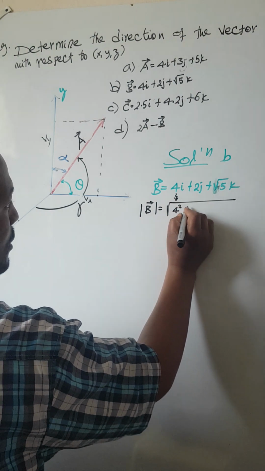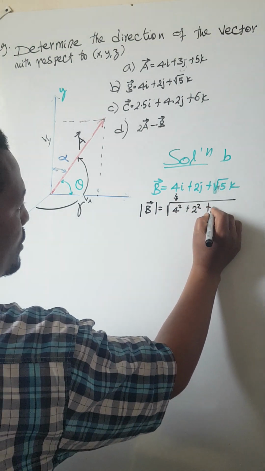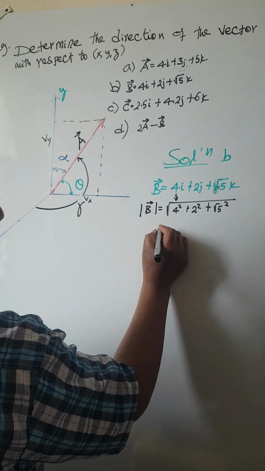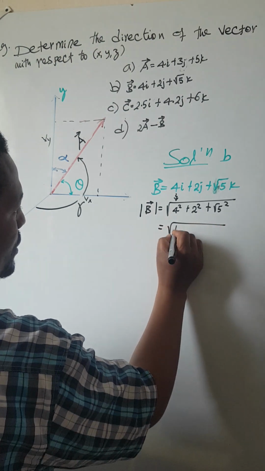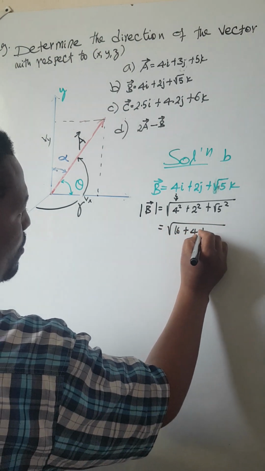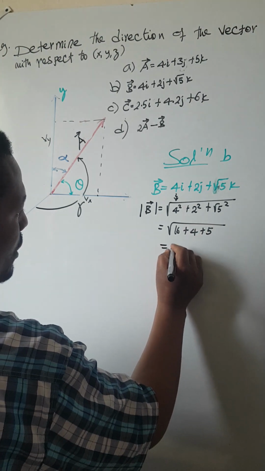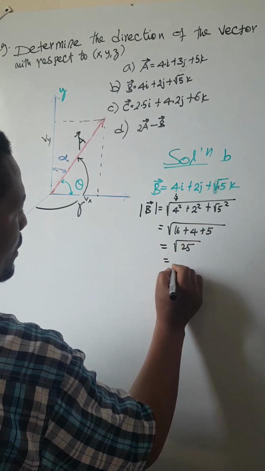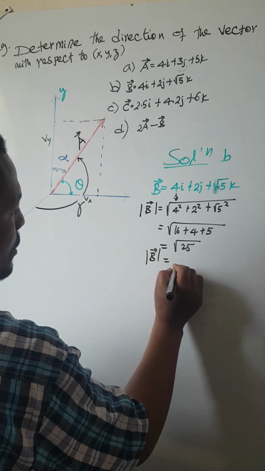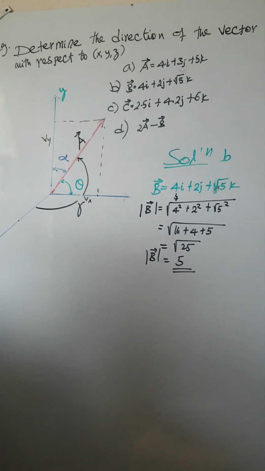This is 4 squared plus 2 squared plus root 5 squared. This is equal to the square root of 16 plus 4 plus 5, which is the square root of 25. Then the magnitude of B is simply 5 units.